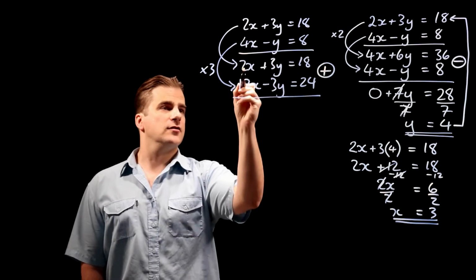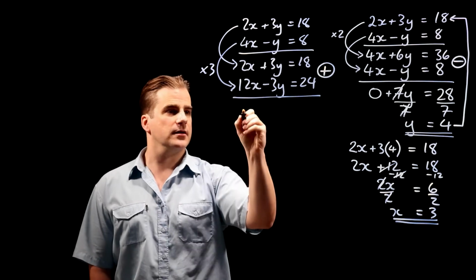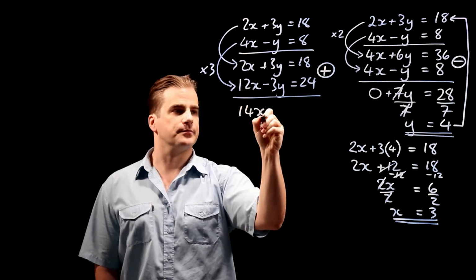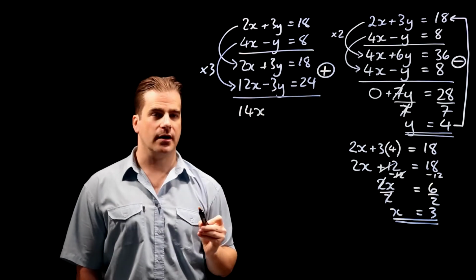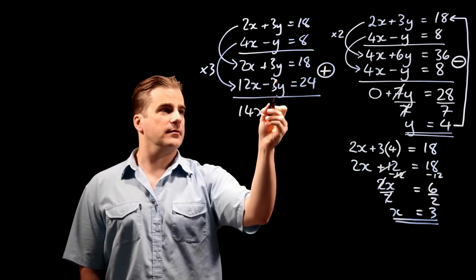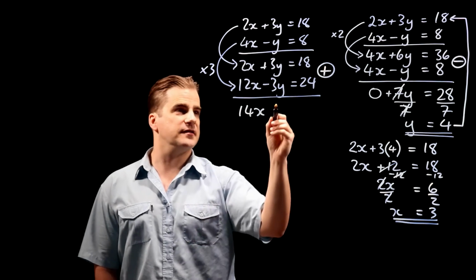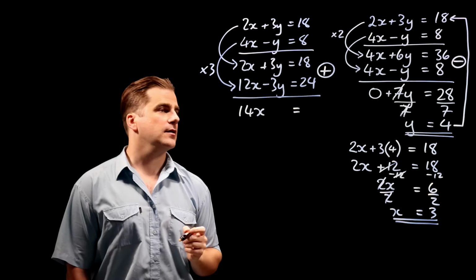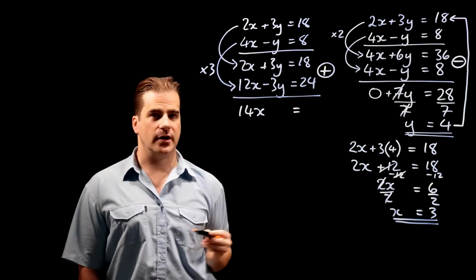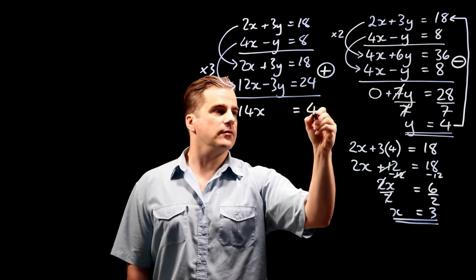So let's do it. 2x plus 12x is 14x. 3y plus minus 3y is 3y minus 3y, which is 0. I'm not even going to write 0 this time. Okay? And 18 plus 24 is 42.